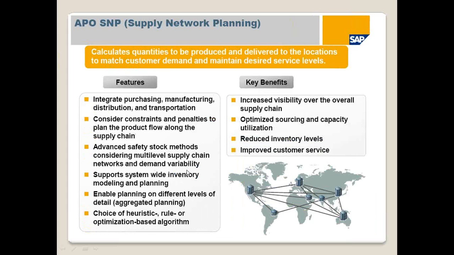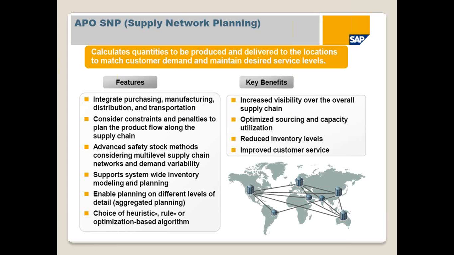Then once we generate the forecast, we send the results to SNP, supply network planning. Based on your forecast, they will see, okay, next month I got a forecast of 2000 quantity. So per day, how much do I need to produce, and what resources do I need to produce it?